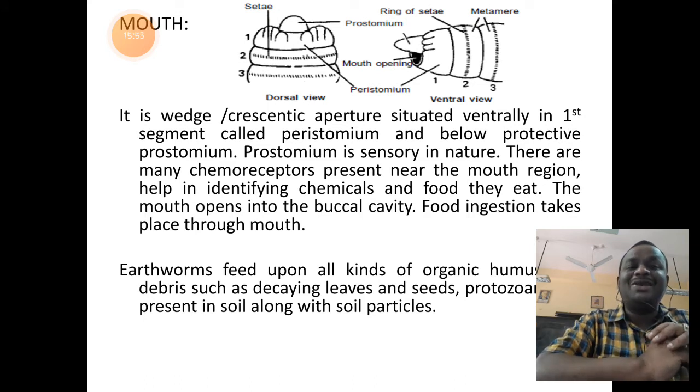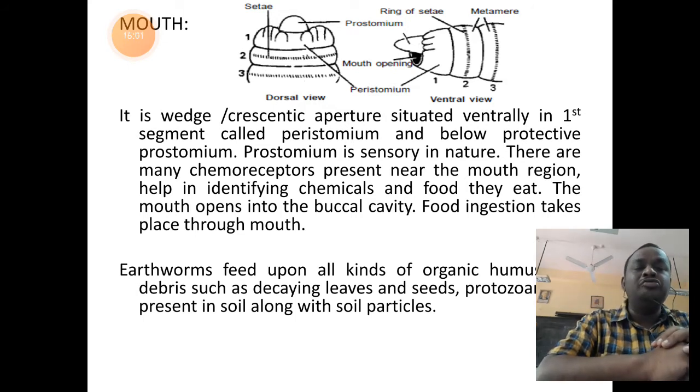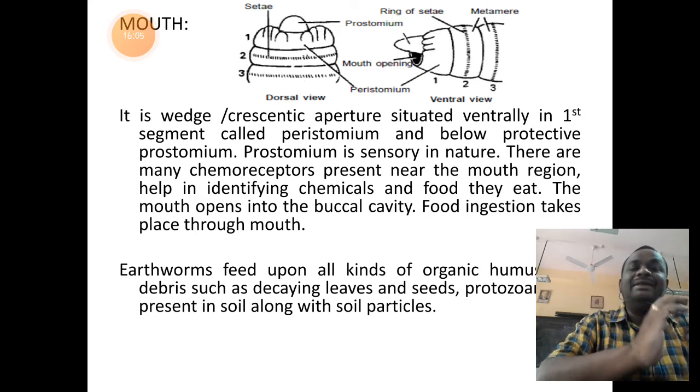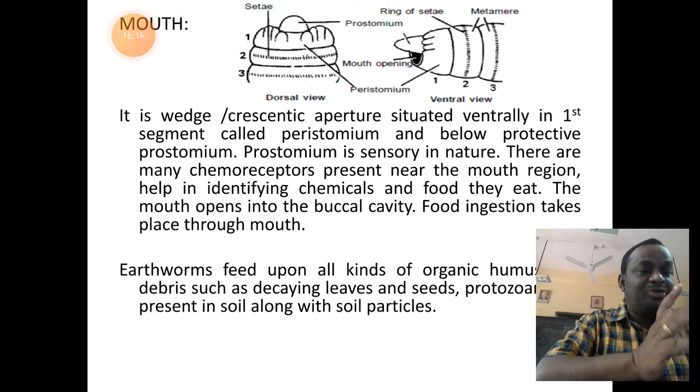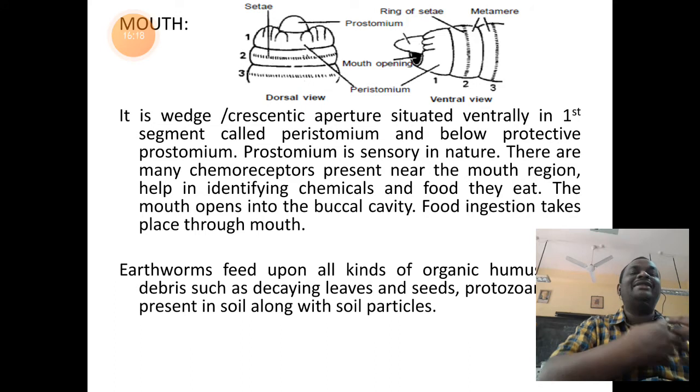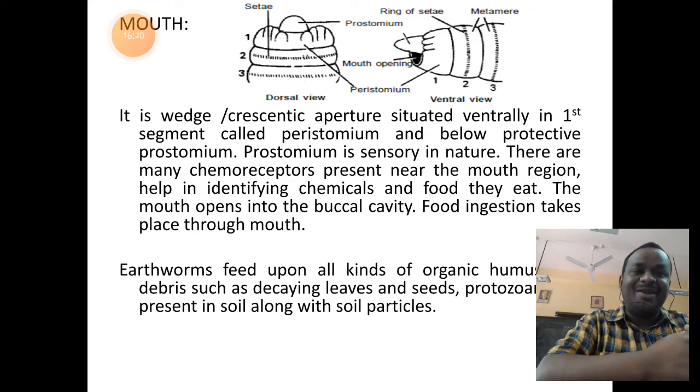So, what is the specialty of these chemoreceptors present in the prostomium? They help in identifying the chemicals and the food that surrounds and is eaten by the earthworm. So, sensation of the food by the chemoreceptors present in the prostomium is responsible for identifying the type of food that the organism is going to feed on.